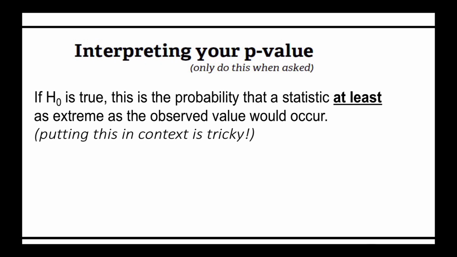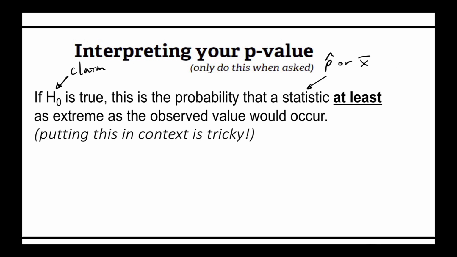If the null hypothesis is true, so if their claim, right, the null hypothesis is always the claim, if the claim is true, if what you're telling me is true, this is the probability that a statistic, either p hat or x bar, depending on whether it's a means or a proportions question, at least as extreme as the observed value would occur.